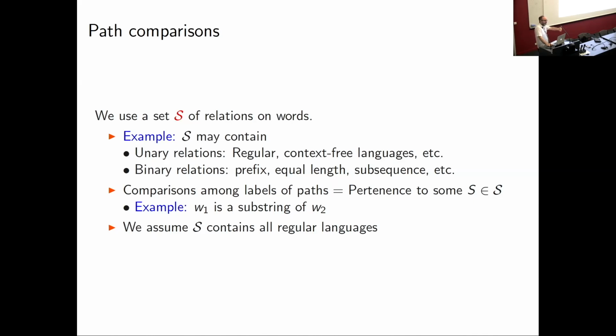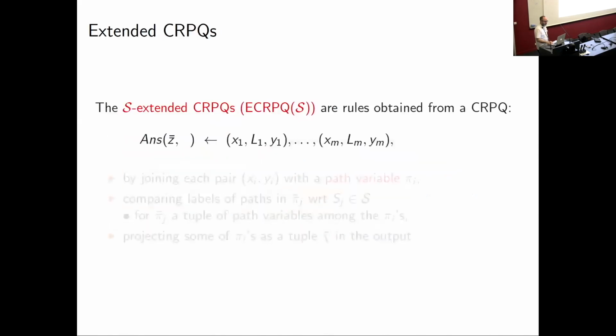We could check, for instance, whether a certain path is a prefix of another path, or whether two paths have equal length, or whether one is a subsequence of another path. So then we could compare labels of paths in a graph database, for instance whether this is a substring of this other path. In general, we will assume that S contains at least all regular languages.